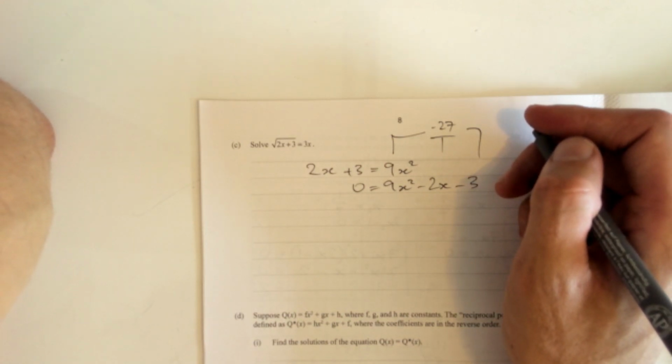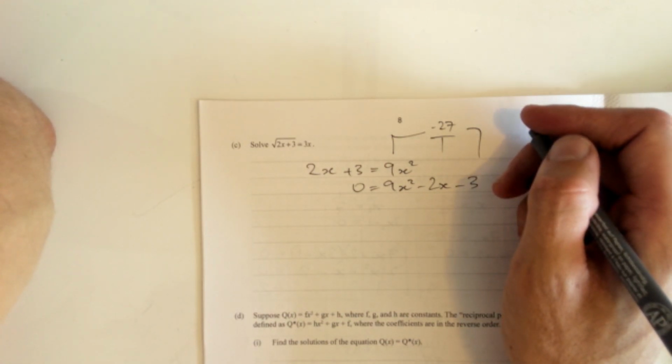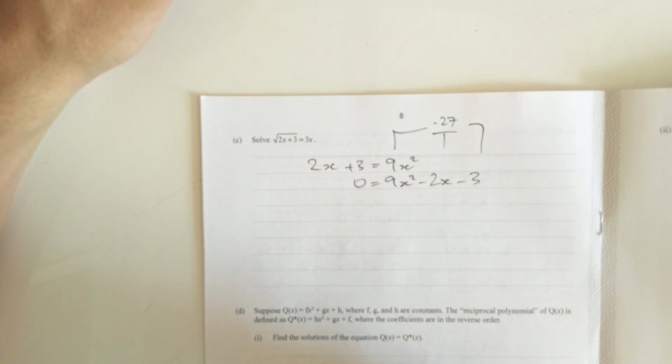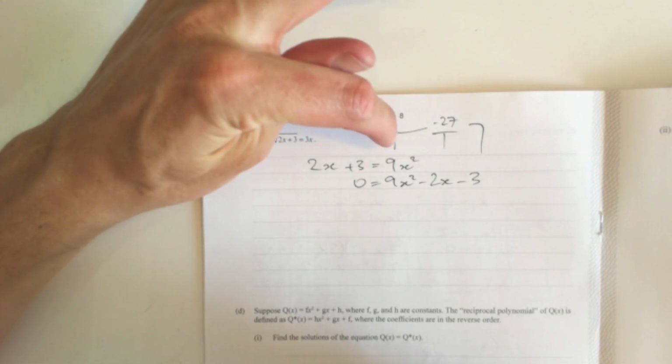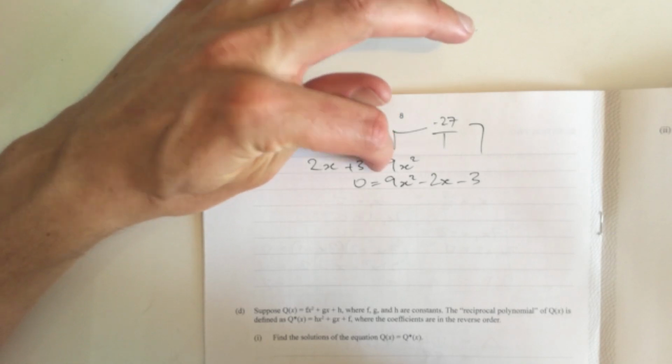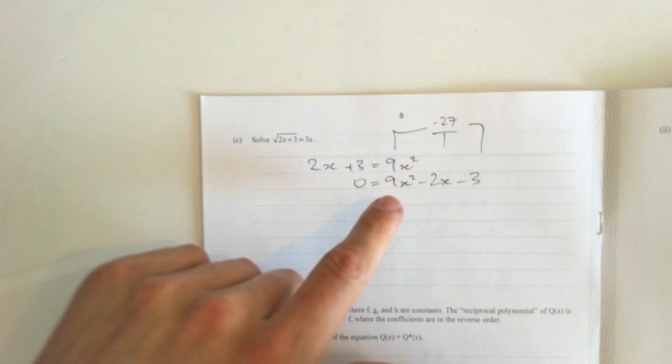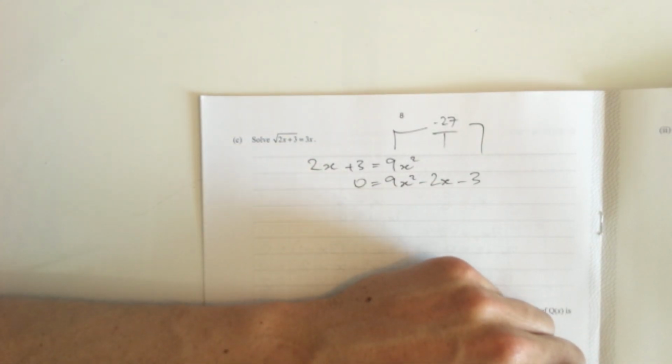So I thought I'd get to 27. Have I done something wrong here? Square both sides. That gets squared, that gets squared. I'll pull this over. 9 times negative 3 is negative 27.